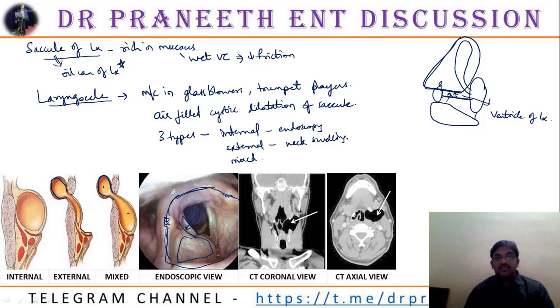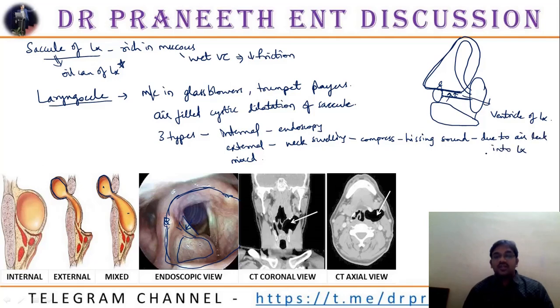If you compress this neck swelling, there will be a hissing sound. The hissing sound is due to air leak into the larynx, because it is an air-filled cystic dilatation.